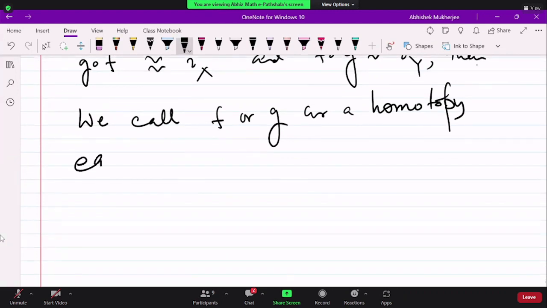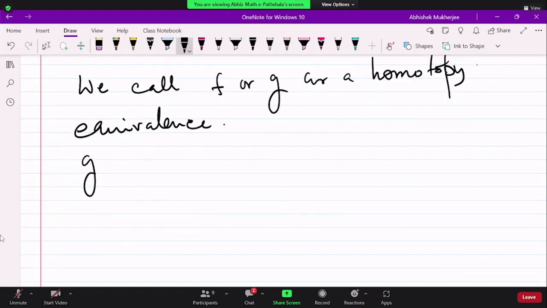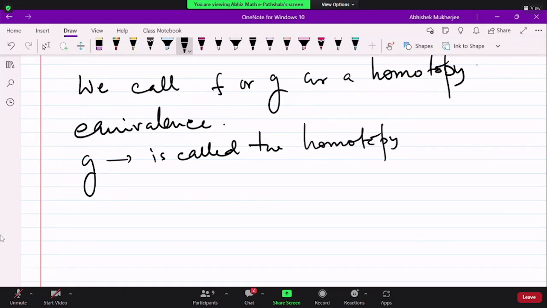Okay. And each map is defined as a homotopy inverse of the other. So G or F, whatever you choose, is called the homotopy inverse of F, and vice versa. Okay.